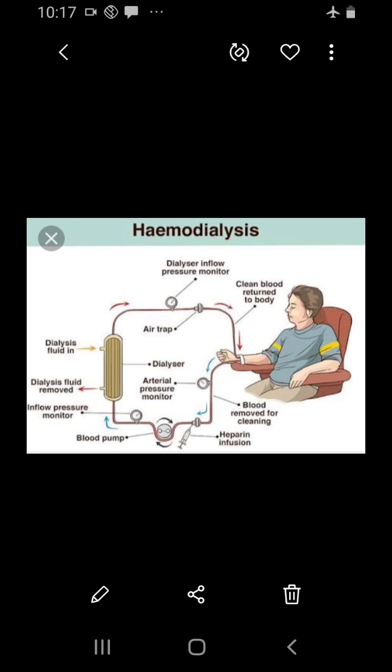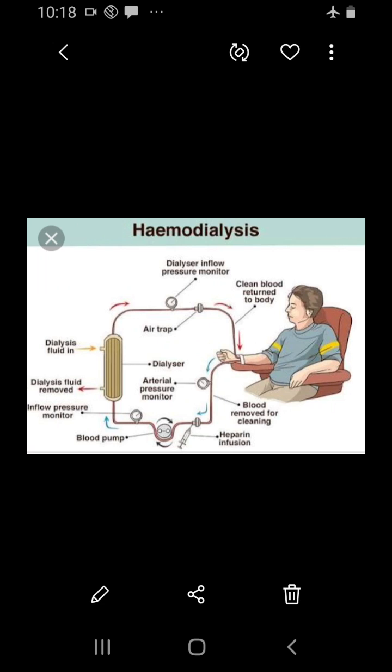Some problems, such as kidney stones, can be treated, but some renal failure cannot be treated. For that, this artificial technique, hemodialysis, is used. When renal failure cannot be treated by drugs or dialysis, the patient is advised to have a kidney transplantation.